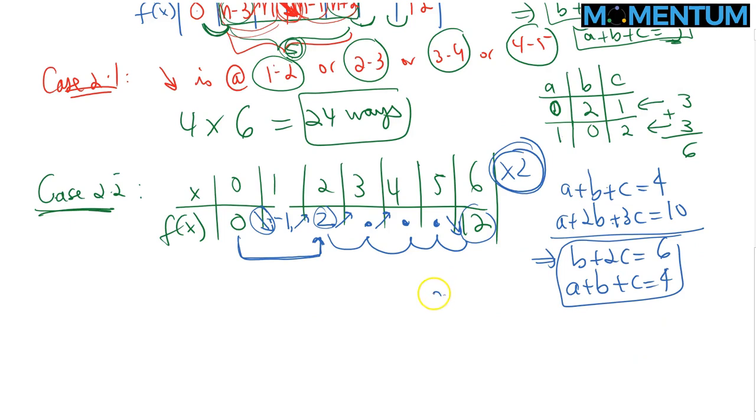So therefore, ABC, finally, like we did in the previous case, we can have C equal to 0, in which case B is equal to 6. That's not going to work. C is equal to 1, in which case B is equal to 4, A is equal to 0. C is equal to 2, B is equal to 2, A is equal to 0, and C is equal to 3, B is equal to 0, and A is equal to 1.